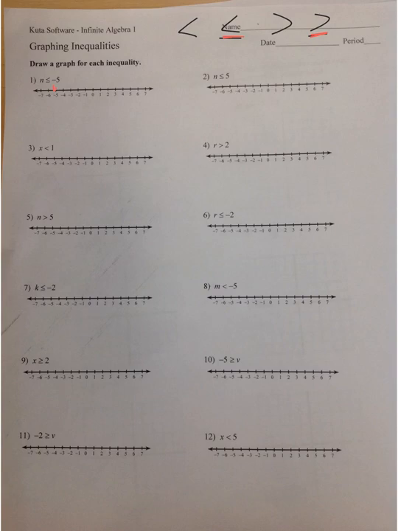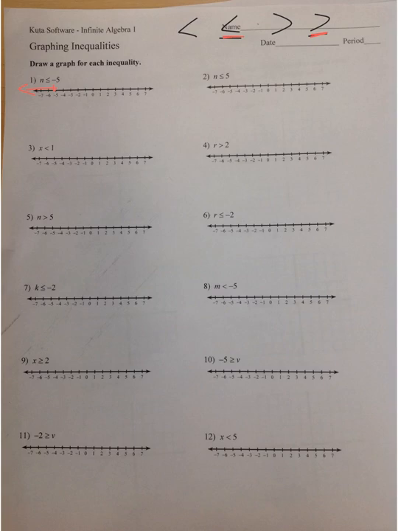There's -5. So I would say to myself, what number is less than -5? I know that -6 is less than -5 because if I owe someone $5, I don't owe them as much as if I owe them $6. So I know that I'm going to go over to the left.